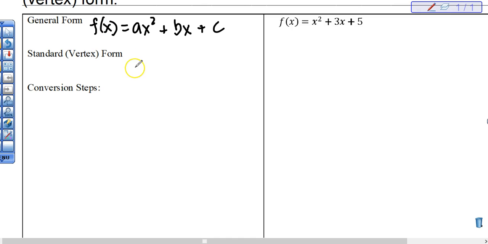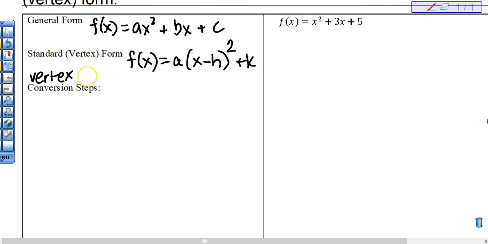Standard form looks like this: f of x is equal to a times the quantity x minus h squared plus k, where your vertex is at, I like to write the opposite of h, k. Some people just write h, k, which isn't incorrect.